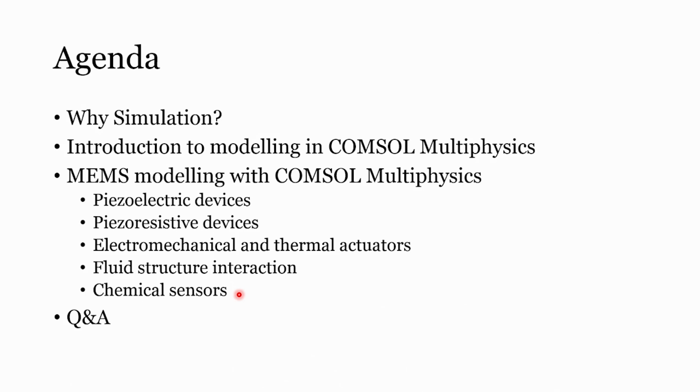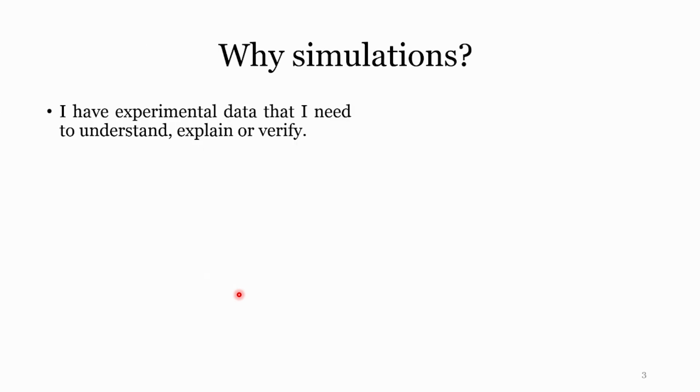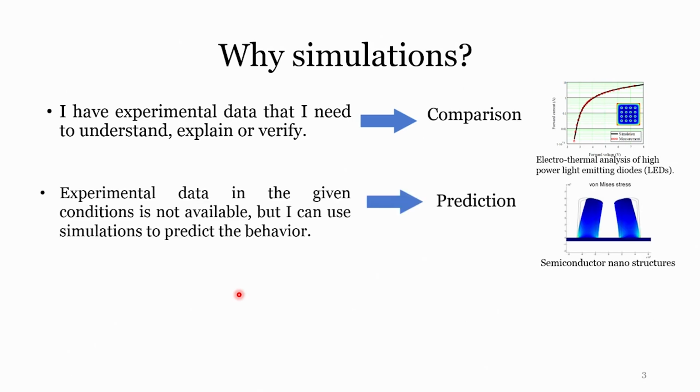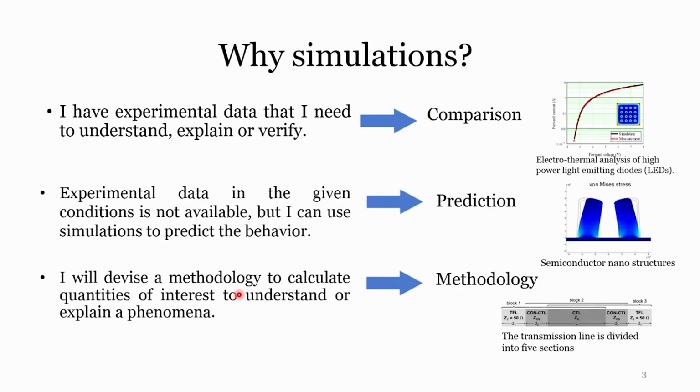But the first question that comes into the mind of a person who is asking if they need simulation is: why simulation? There could be different reasons to move into a region where you want to do simulation. One of the reasons is that you want to compare your experimental data with the simulation data.